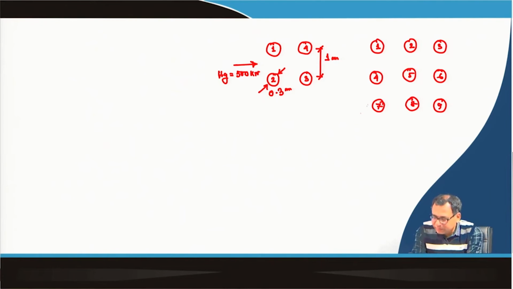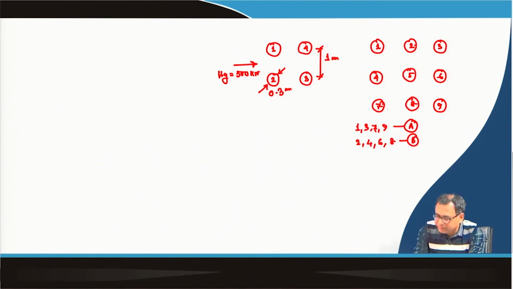So, 1, 3, 7, 9 are in one group, say A group, because these are similar type of pile. Then 2, 4, 6, 8 will be in another group.